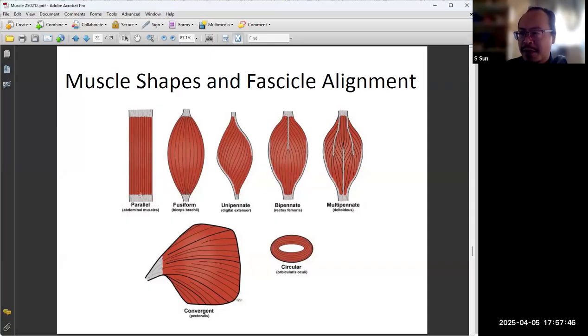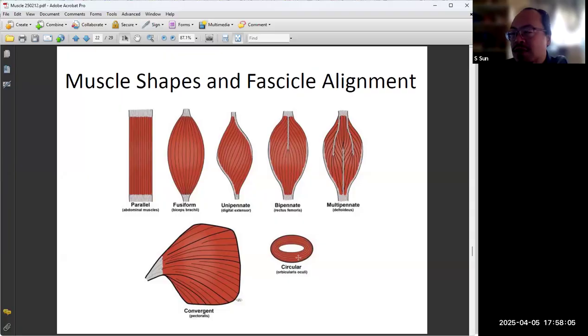Muscle fibers can be parallel, fusiform, so different distributions or orientations of these muscle fibers, or circular.